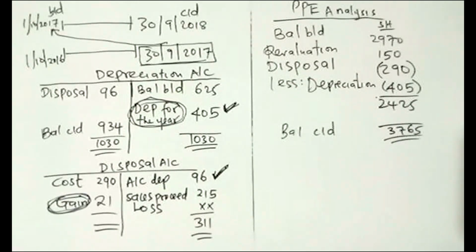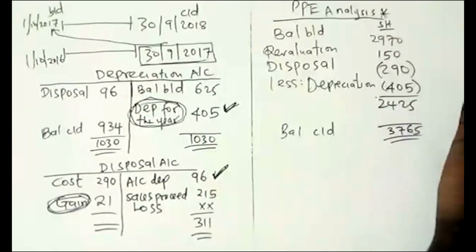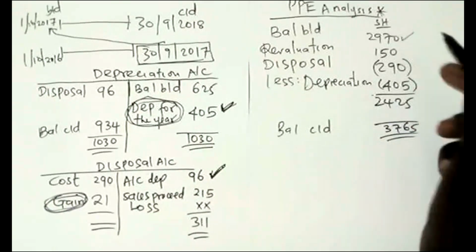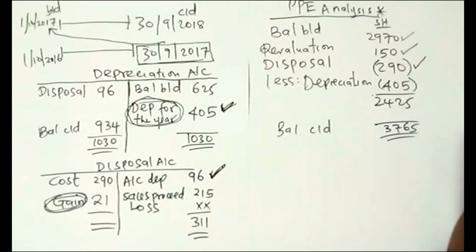As we continue, we had already used the cost approach in this analysis of PPE, of which I started with the balance brought down of 2970. I added the revaluation, then the disposal.